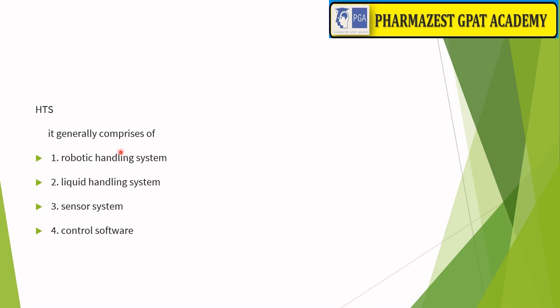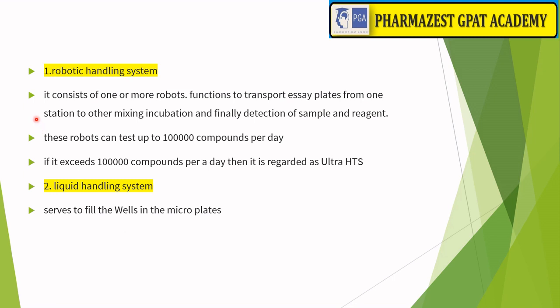Next, coming to high throughput screening. It generally comprises a robotic handling system, a liquid handling system, a sensor system, and control software. The first one is the robotic handling system.